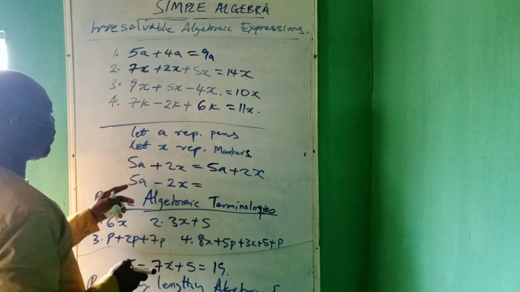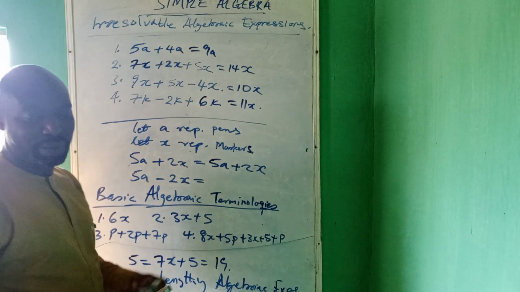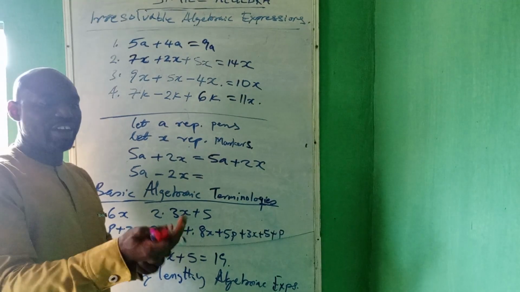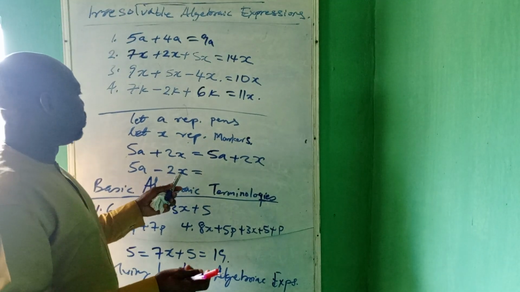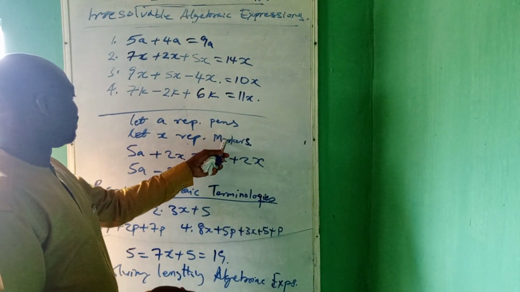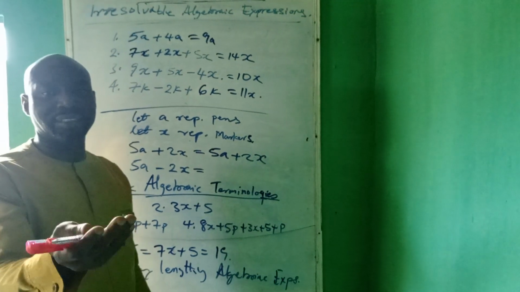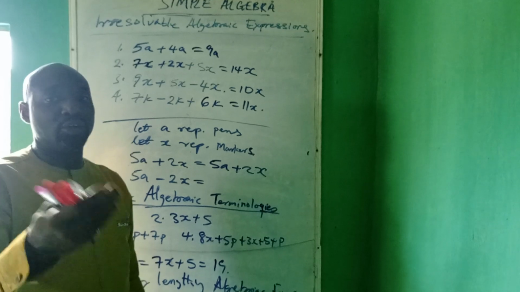And if you have 5a, that means pens, 5 pens. You bring these 5 pens, minus 2x. X represents markers. You can't subtract markers from these 5 pens. So it's something you cannot do.